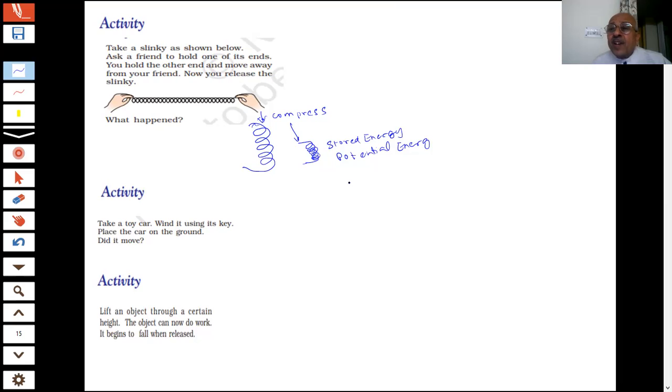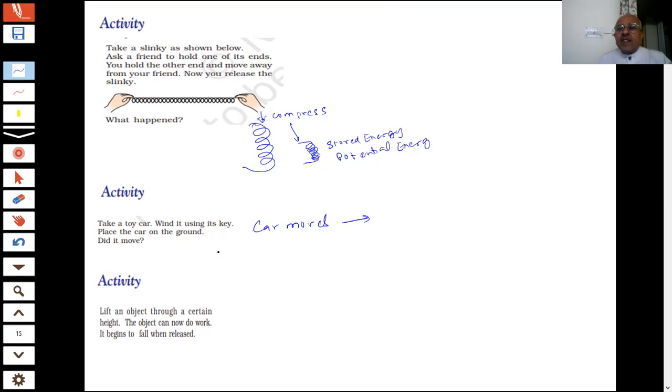These are different examples of potential energy. This was an example of elastic potential energy. The other was when you raise to a height, student, gravitational potential energy. As I said, take a toy car, wind it using a key, place the car on the ground. What happens? The car will move.